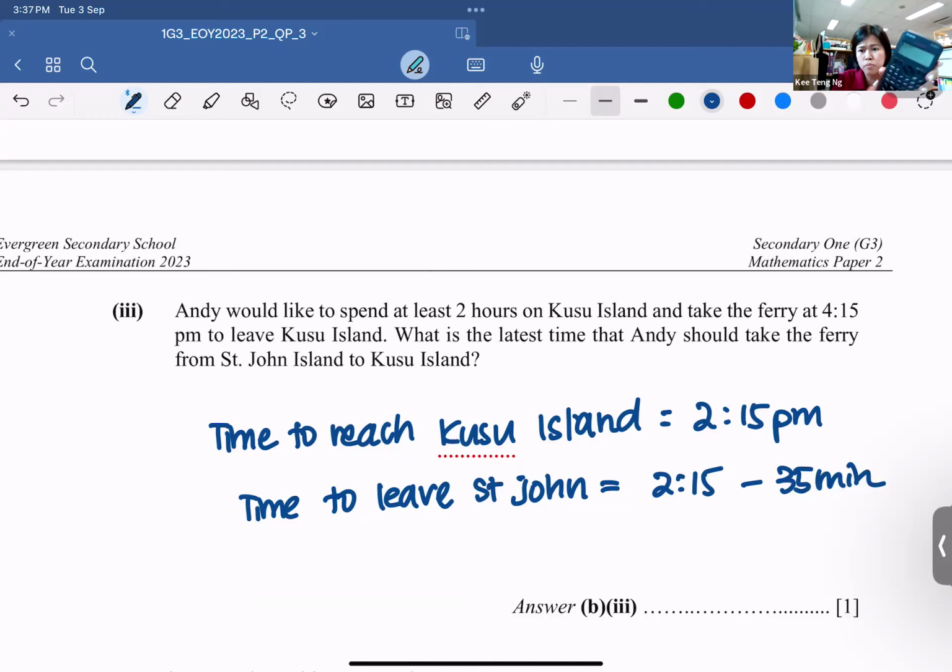Again, I can use this calculator, this special hours and minutes button. In this case, I won't press 2:15.